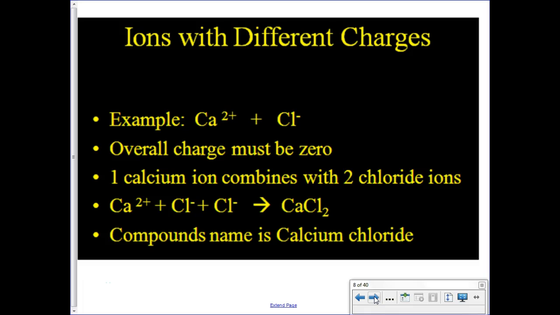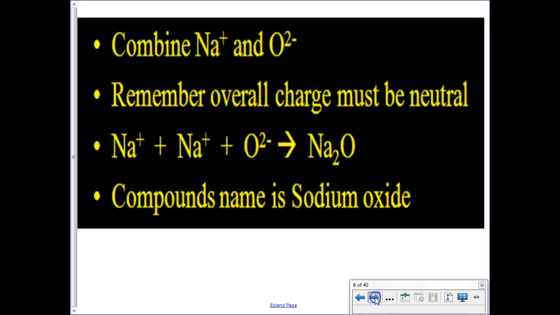And I also want you to notice that when we write these formulas, the metal or the cation always comes first. We would not write Cl before Ca. The metal or the cation is always the first one written. That's very important. The second one is always the anion, which is the nonmetal.